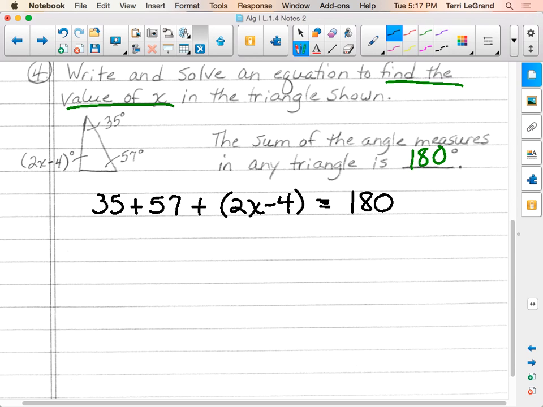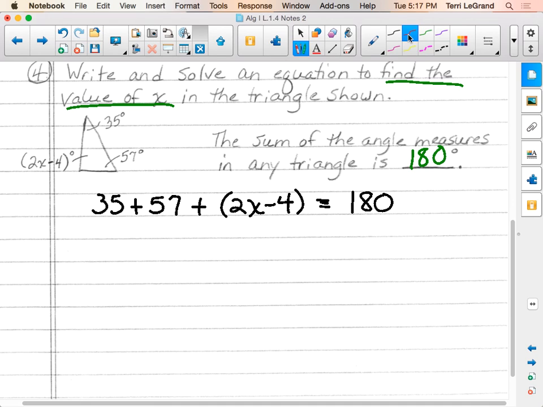Now, in this particular case, the parentheses that I put around that 2x minus 4 that were in the diagram, because we don't have to multiply that by anything and because we don't have to subtract it, because we get to just add it, in reality, those parentheses could just be ditched. So we'll do that in this next step while we're simplifying.